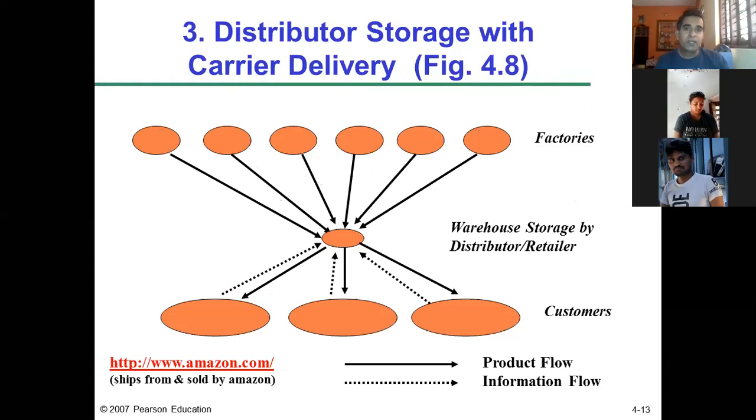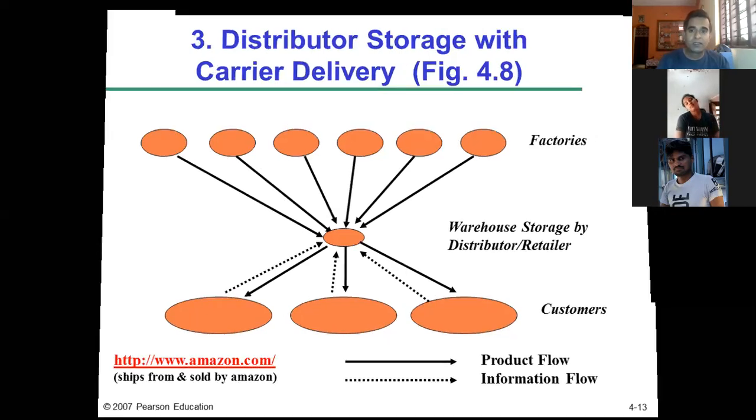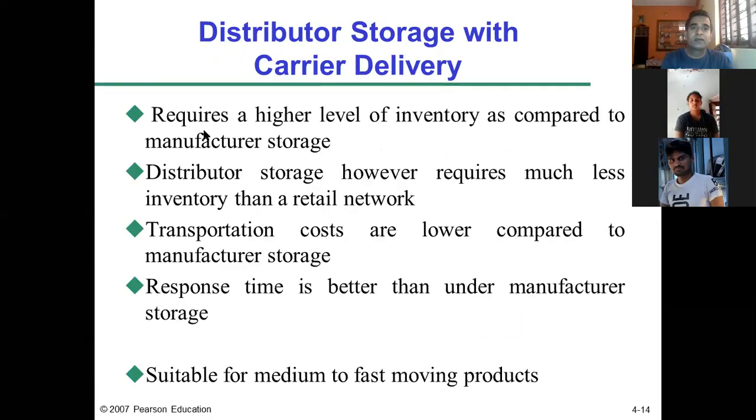Then the fourth type in our case is distributor storage with carrier delivery. Basically, distributor storage with carrier delivery requires a higher level of inventory as compared to manufacturer storage, because there will be a number of distributors who will hold inventory of finished goods from where they will deliver to the customers.